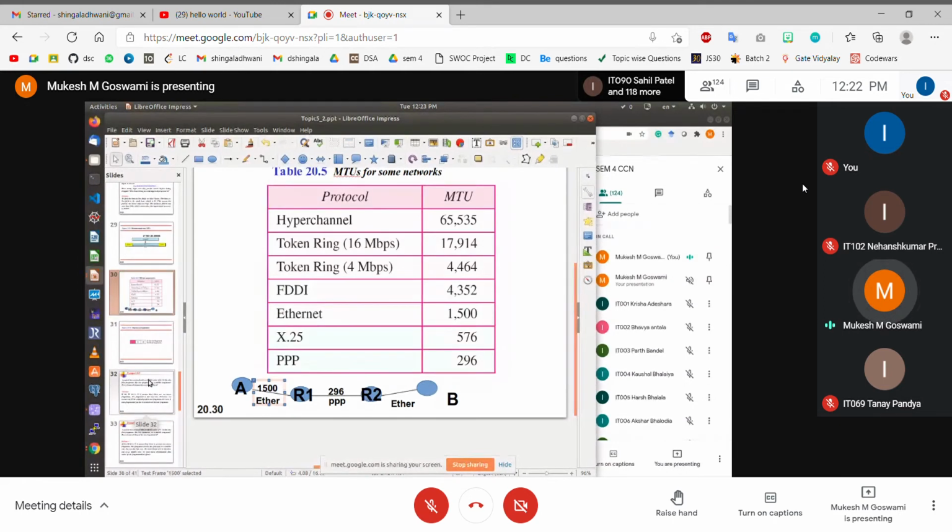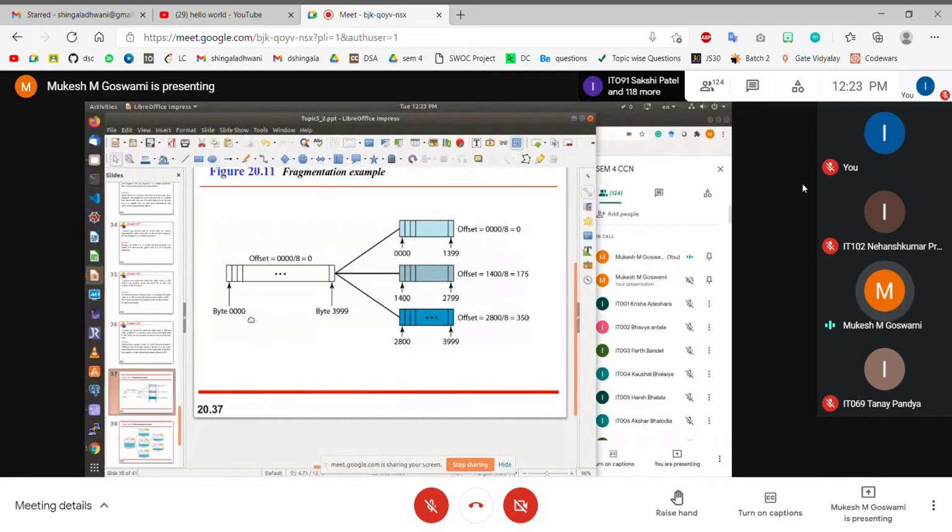So what will we do actually? As we already discussed, we have this packet of say 4000 size, so 0 to 4000, that is the size of the original packet. Now, since my network cannot have data more than say 1400 bytes, I have to divide this 4000 packet into 3 fragments.